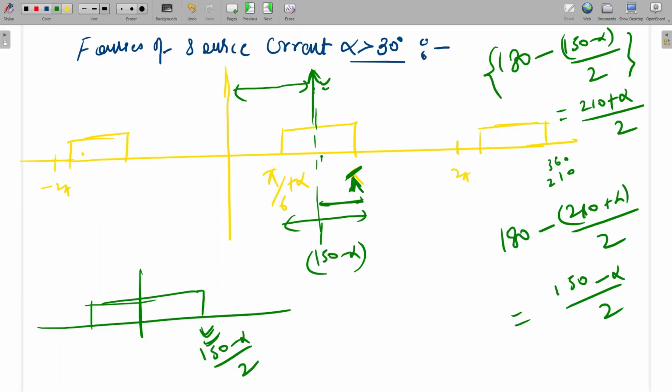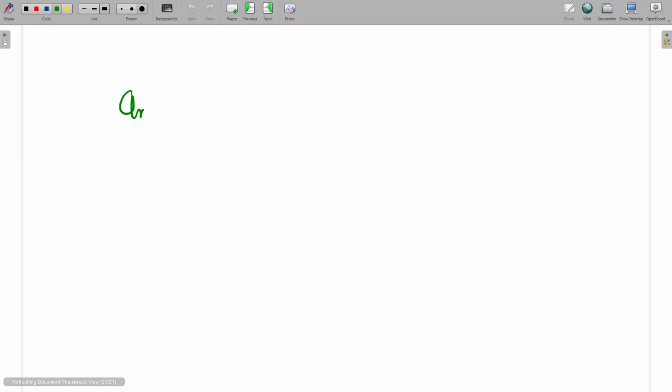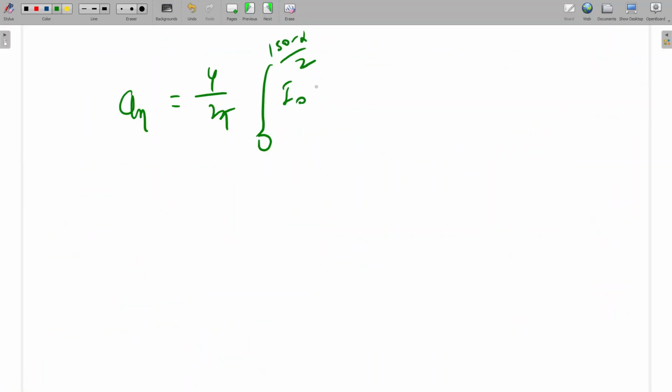Yes, sir. Okay. So what we have done, we have shifted the waveform by 210 plus alpha by 2 in this direction. Then it will become even, x of minus t is equal to x of t. And this point we are getting as 150 minus alpha by 2. So we can do the integral in the same way. So an will be 4 divided by 2 pi, integral from 0 to 150 minus alpha by 2, I naught cos nt dt.